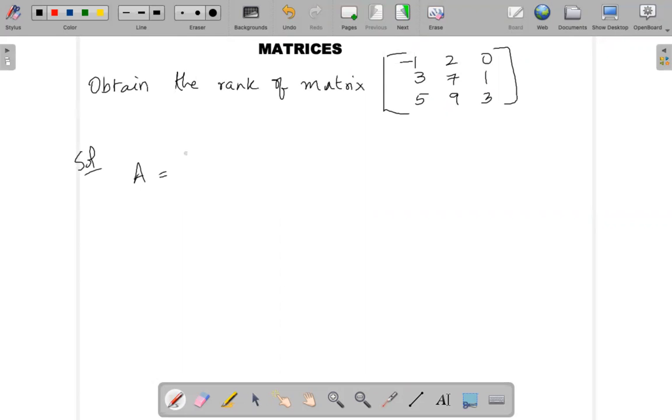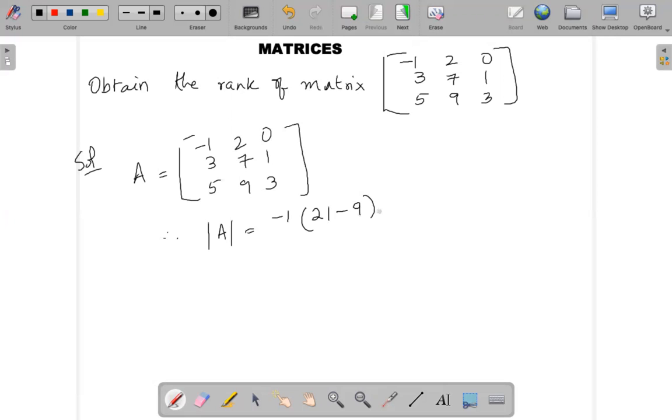Let us consider A as [-1, 2, 0; 3, 7, 1; 5, 9, 3], and the determinant of this will be -1 into (21 minus 9), minus 2 into (9 minus 5), and the last one is 0. So you get this as -20, which is not equal to 0.